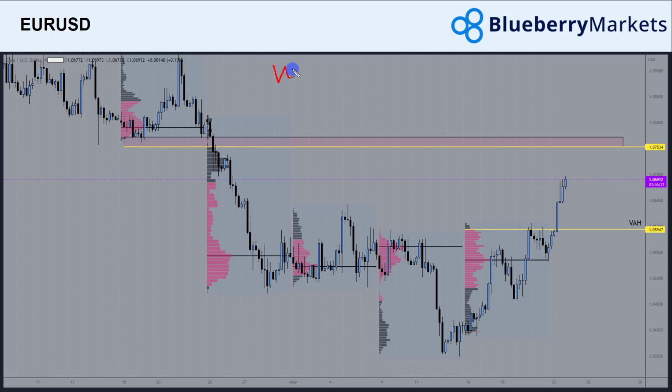Now, whenever we want to trade a market, we need to understand why there is a potential for the market to continue to either move to the upside or move to the downside. Recently, ECB President Lagarde has said there is a potential for them to hike interest rates before the end of the year. This is the first time that the ECB have really talked about hiking at all.